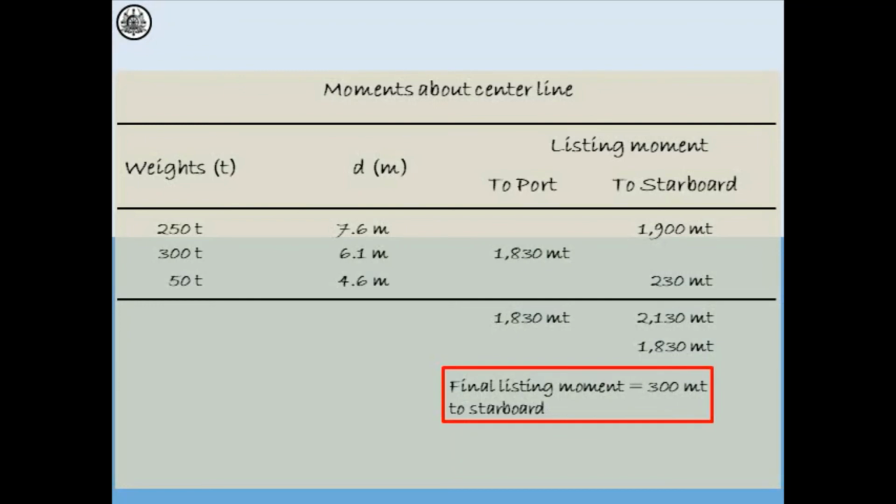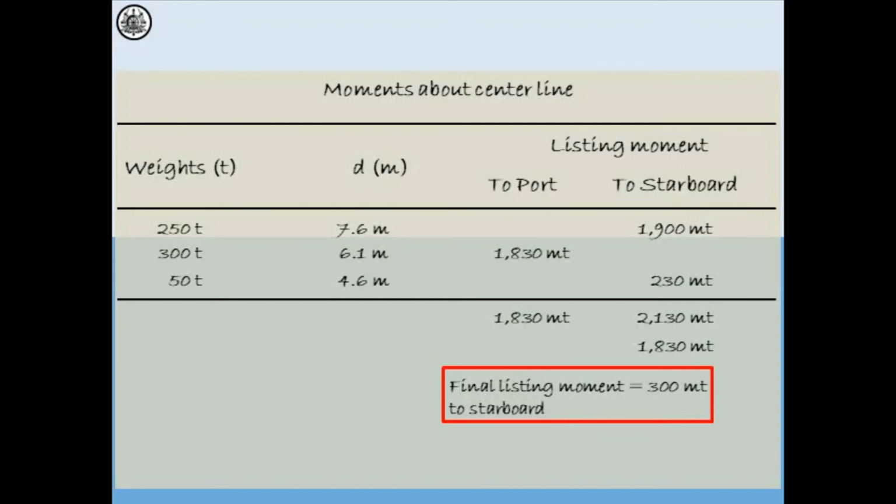The result is 230 metric tons to starboard. 2,130 metric tons listing moments to starboard, subtracted by 1,830 metric tons listing to port. The result is the final listing moment, which is equal to 300 metric tons listing to starboard.